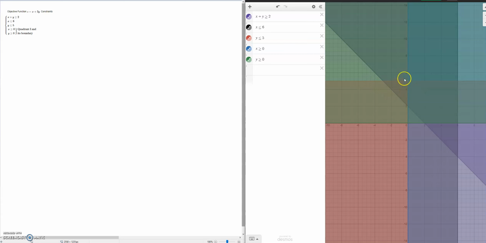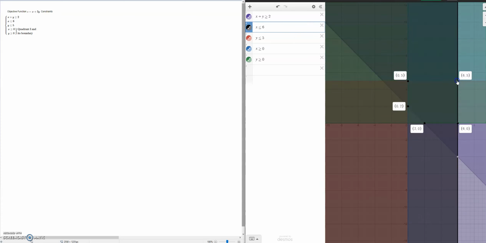So just to confirm, we start here, because this is where they all intersect. They intersect here. They intersect here, here, and here, okay? So these are going to be the points that I am going to test. So let's take a look.